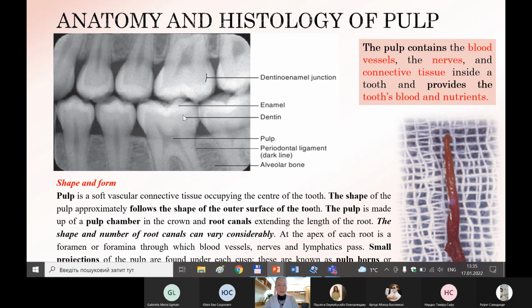And under every cusp there is a pulp horn. The shape and number of root canals can vary considerably depending on the group of teeth. At the apex of each root is a foramen or foramina through which blood vessels, nerves, and lymphatic vessels can pass.